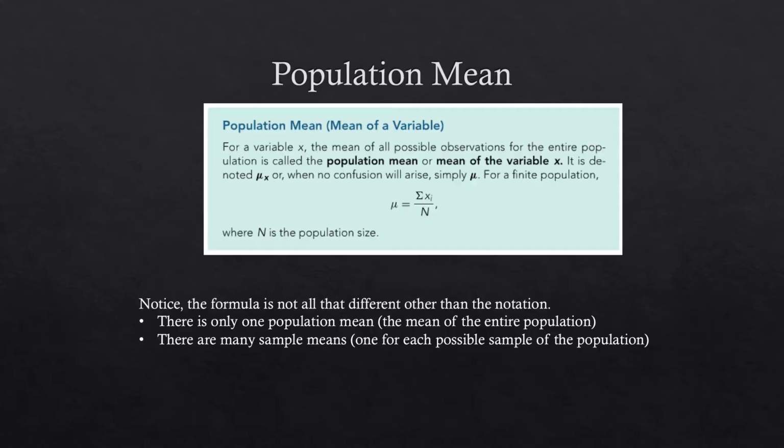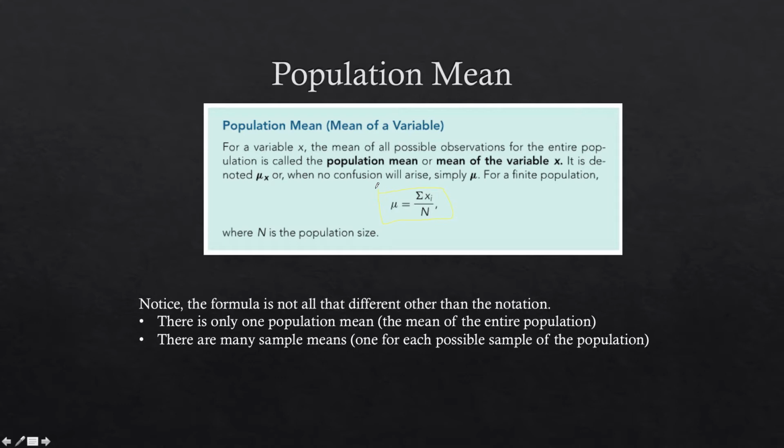Once we translate those letters, here we go. We get the population mean formula right here. Notice it looks very similar to the sample mean formula. We're just using a different notation, and it's just a larger size set typically.